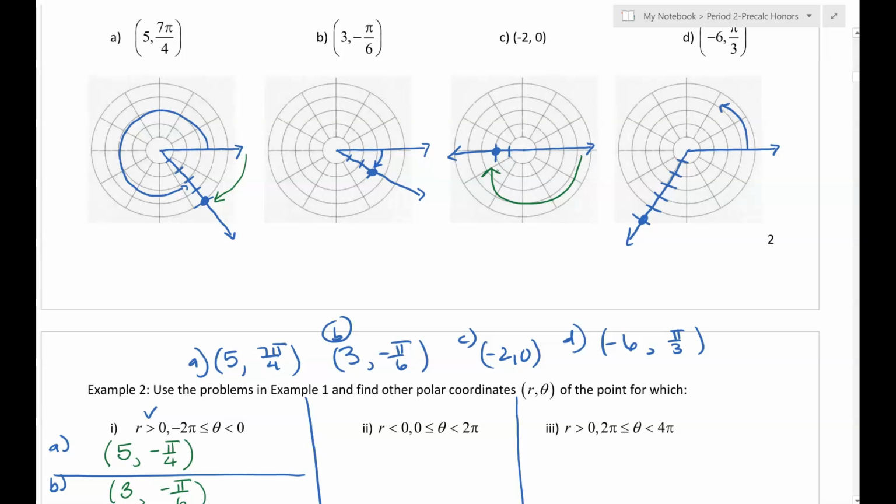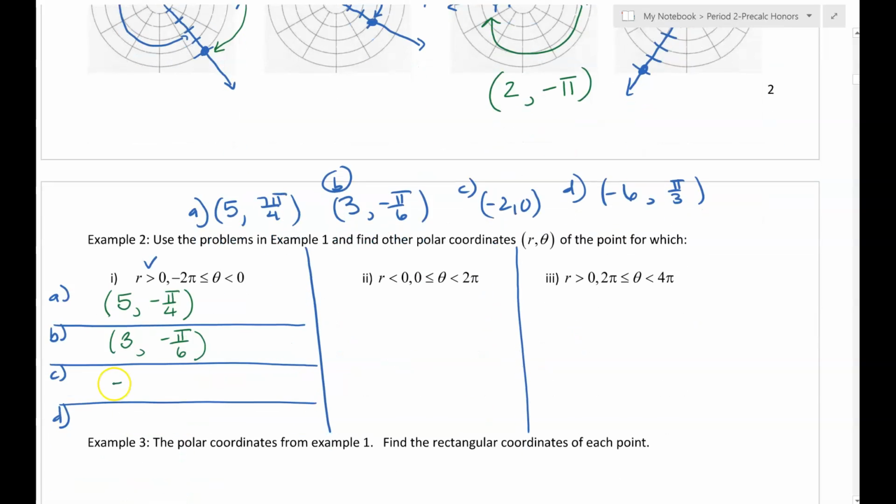If we go a negative pi already, then that is our negative angle. And if we do a positive 2 radius, then we don't have to go the other side. So we will write positive 2 radius. So this 1i here, all of the radii have to be positive and all the angles have to be negative, but it should still give us the same exact location.